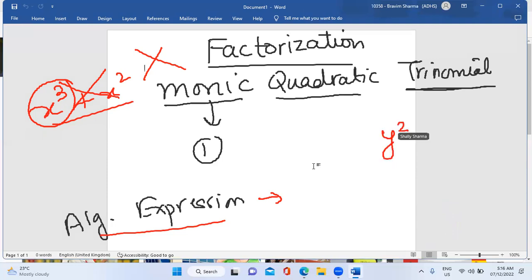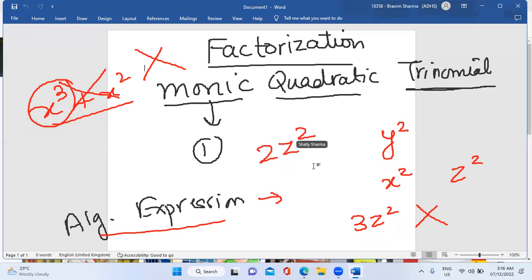It will always be like this: y square, x square, z square. We will not discuss cases like 3z square or 2z square. No, we are not going to discuss those. We are just going to discuss cases like z square, x square, y square, p square, n square, like that.